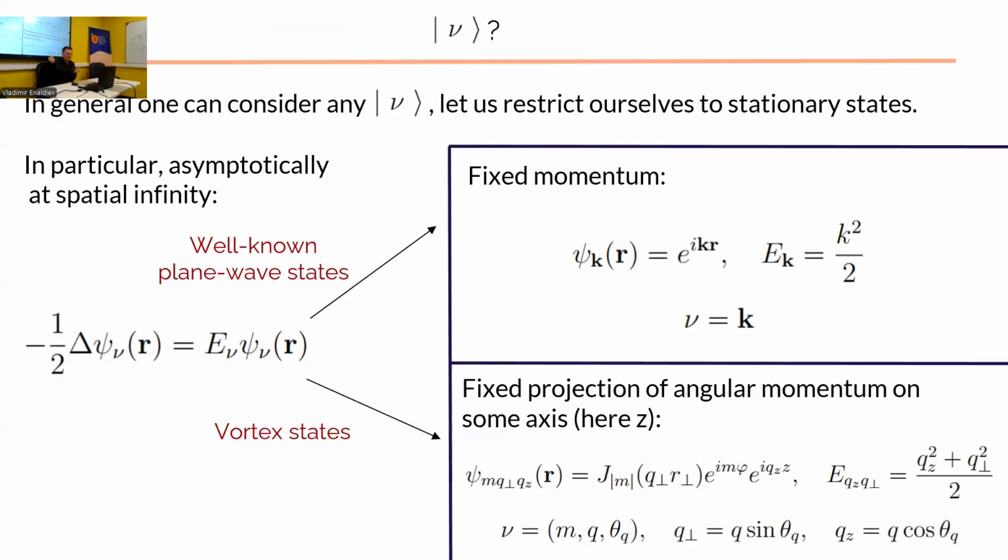And at infinity, the wave function of this electron solves the free Schrödinger equation. We can consider any, in general. It's a simple thing, but I repeat it a few times because this is one of the key points of our work. In general, we can consider any set of solutions of the following equation, right?